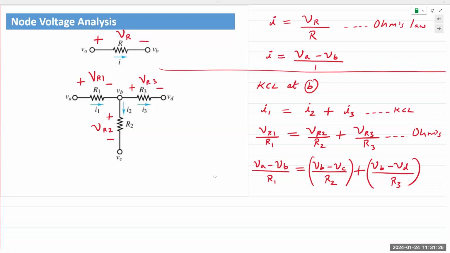Could you repeat that? So our direction for the current I1 goes from left to right in the figure here. And because it is going from left to right, A is higher than B. That means VA is higher than VB. So when I write the equation, it becomes VA minus VB.